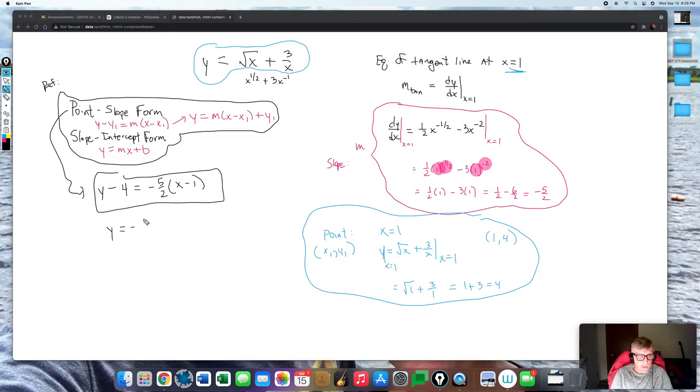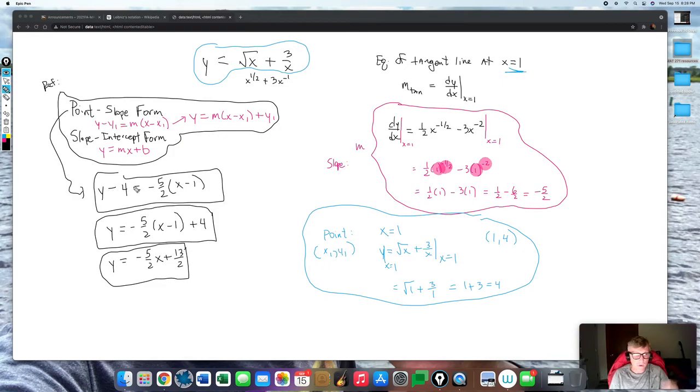Another version of this answer would be this. In fact, this is the one I'm going to use when I type this in Maple in just a moment. And if you go ahead and do the distributive property and add this, you can do slope-intercept form. So let's see, that's going to be 5/2 plus 8/2, which is 13/2. So any of these are acceptable answers, and if you want to work smarter, not harder, stop right there, right?